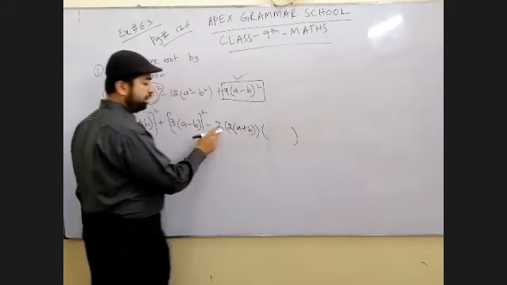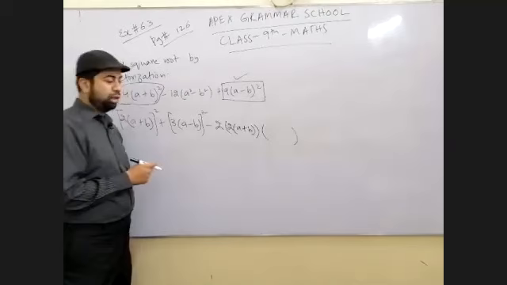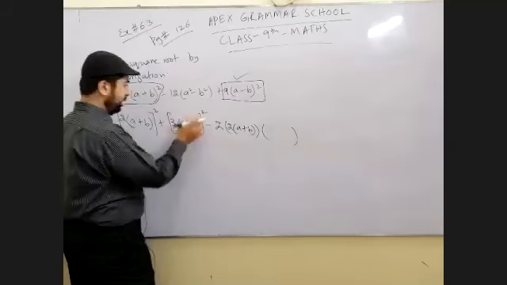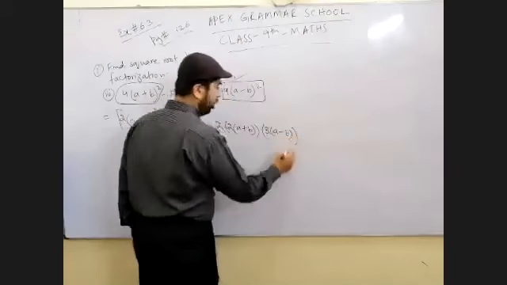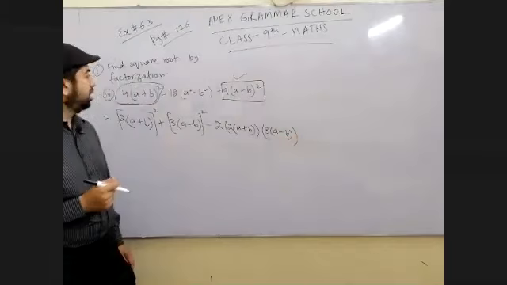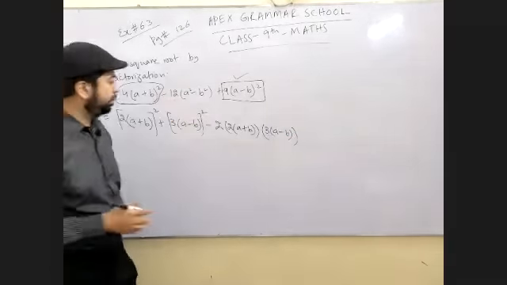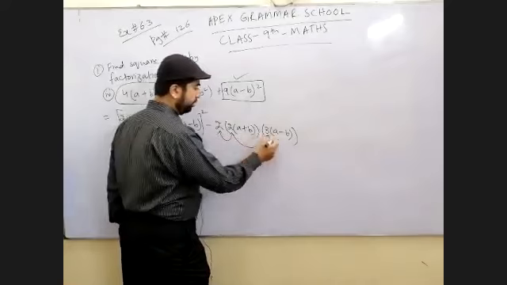Remember that this 2 is separate and this is within the value a. You need to apply here the value of b, that is beneath this square, that is 3 into (a minus b). Now verify it. This number should be 12 from here. 2 2s are 4 and 4 3s are 12.